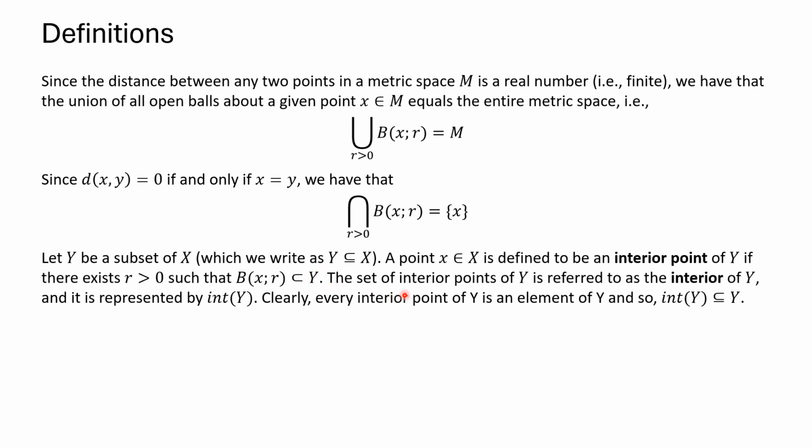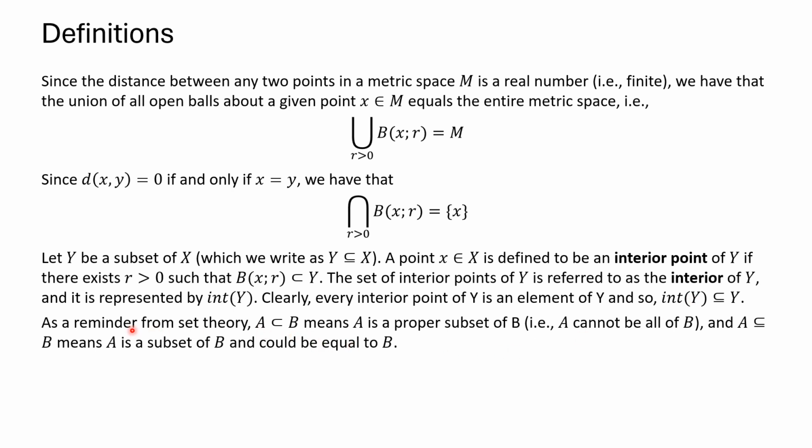The set of interior points of y is referred to as the interior of y. So if you take all the interior points of a set, we write that as int y, the interior of y. Clearly, every interior point of y is an element of y, just by definition. So the interior of y is a subset of y. It could be all of y, but it's a subset of y.